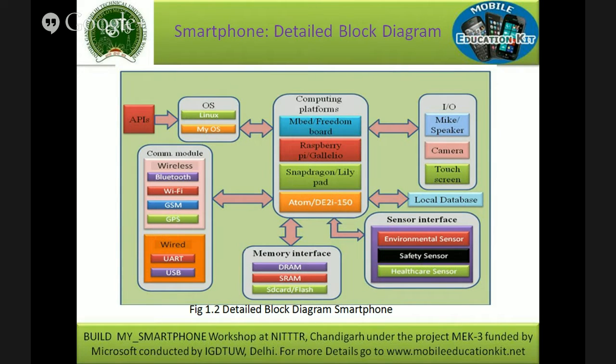Of course, within the touch screen and the camera there are various options, and individual element selection will be covered in the respective topic in detail. Having selected IOs and having selected the computational platform, the next important component in the mobile segment comes into the picture. Let's say the OS. What kind of operating system may I have?